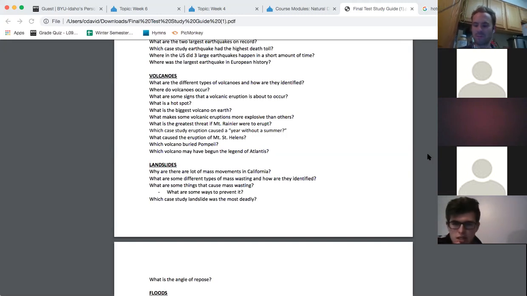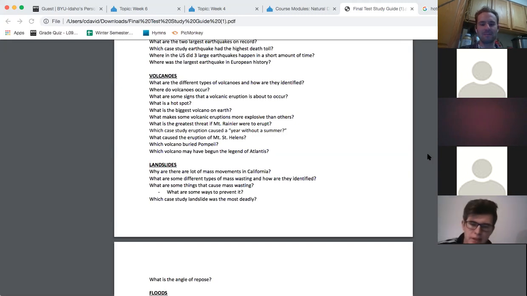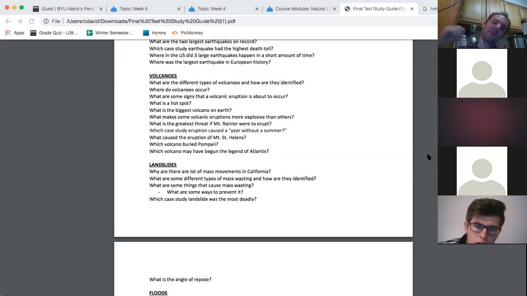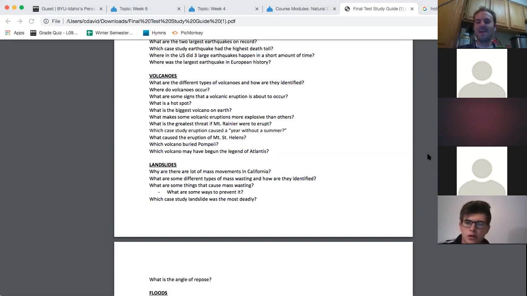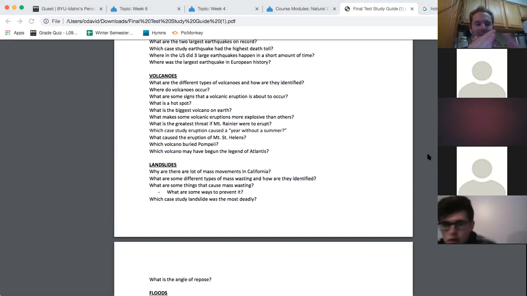Mount Fuji? No, I'll give you a hint. It's in the chat. Not Kilauea. It's Mauna Loa. Because remember, Mauna Loa is the big mountain.